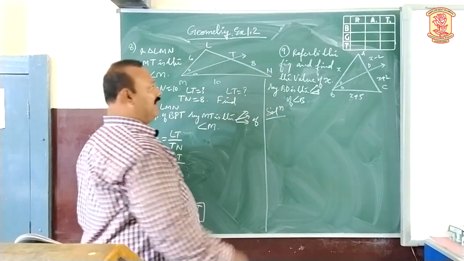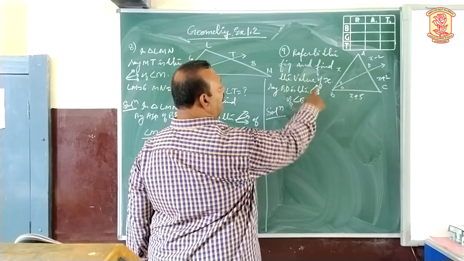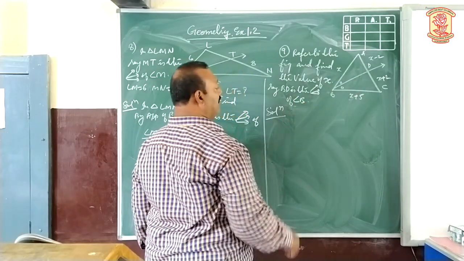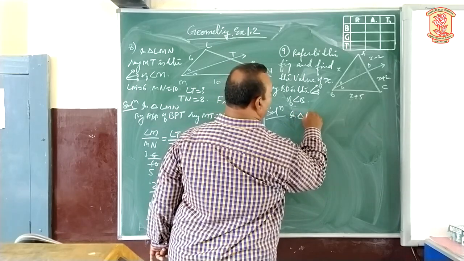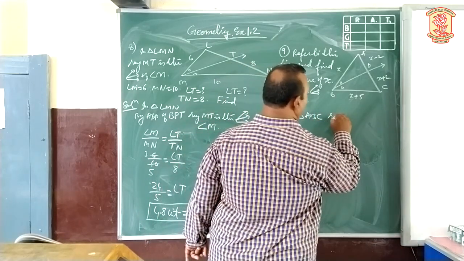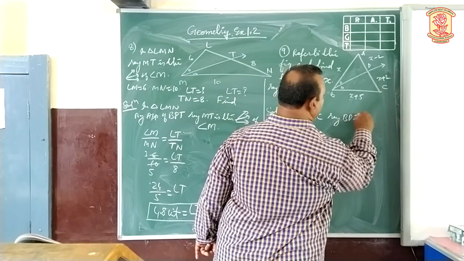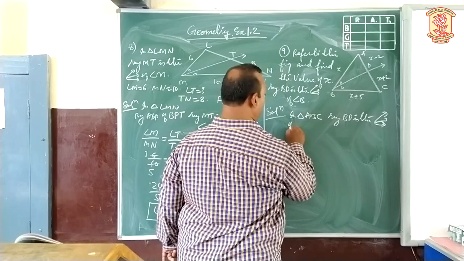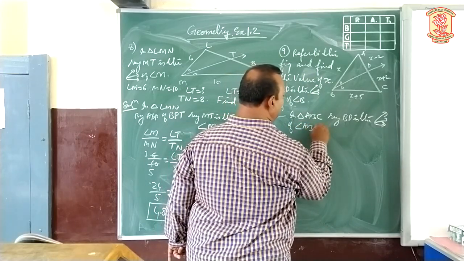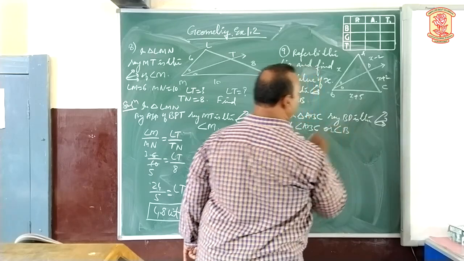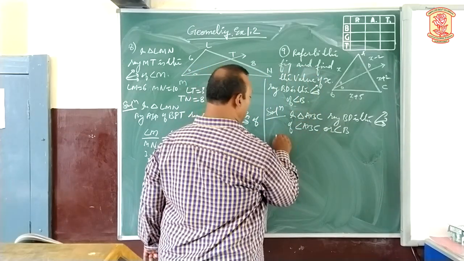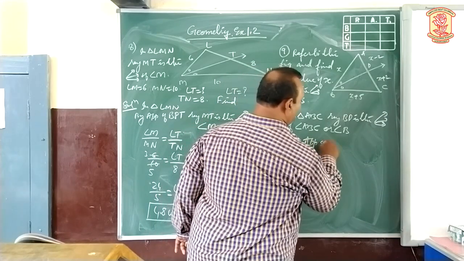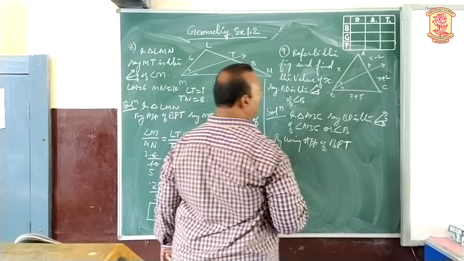Now next, question number 9. Refer to the figure and find the value of X when ray BD is the angle bisector of angle B. In triangle ABC, ray BD is the angle bisector of angle ABC, or directly you can say angle B. Again, whenever it is an angle bisector, apply the application of BPT.